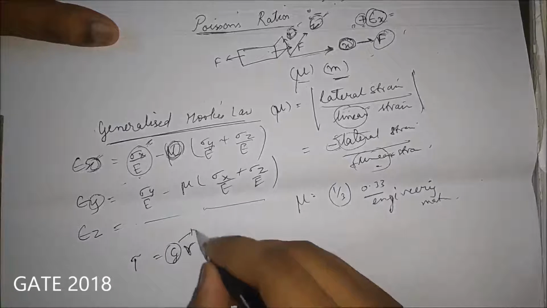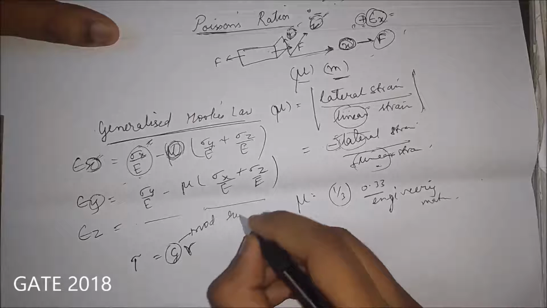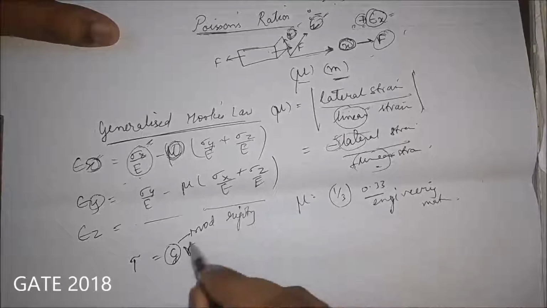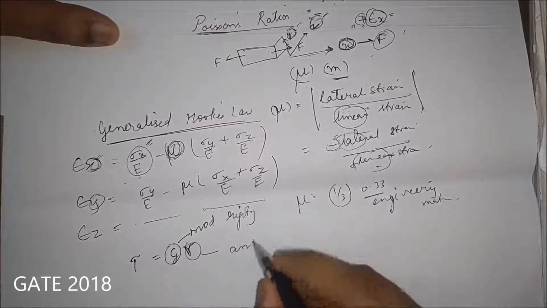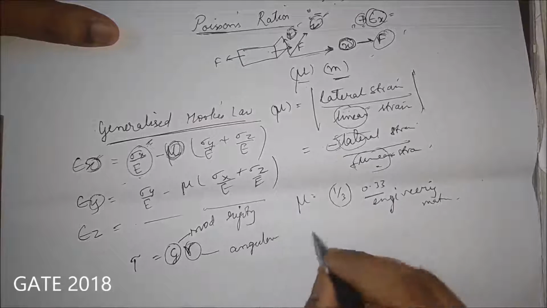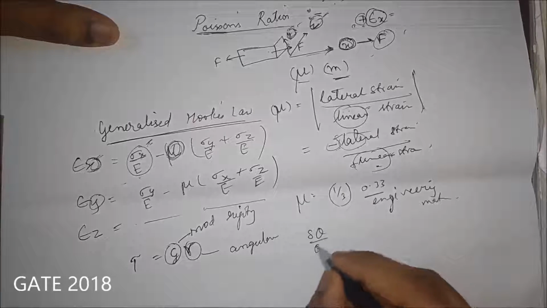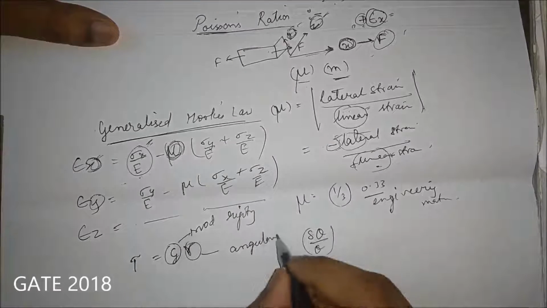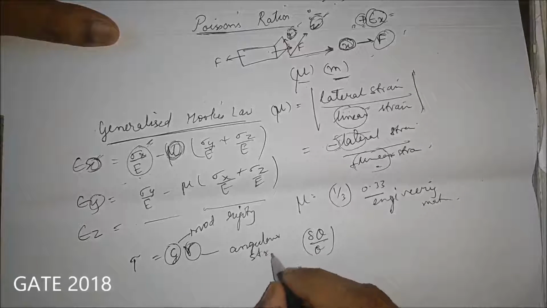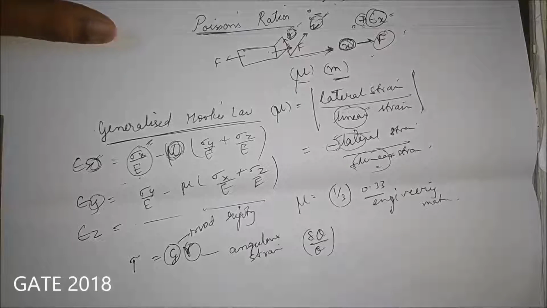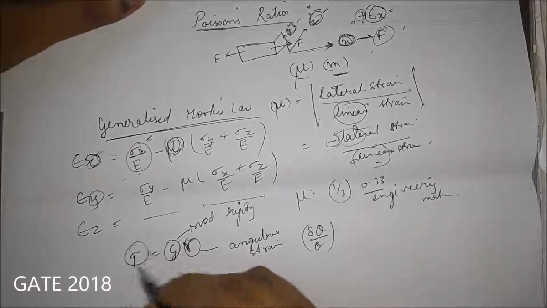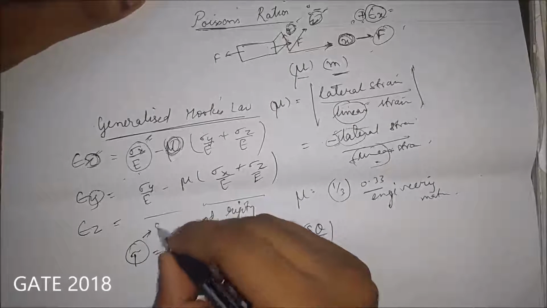Here G is modulus of rigidity or rigidity modulus. Angular strain is gamma. It is the change in the angle by the original angle. Tau is shear stress.